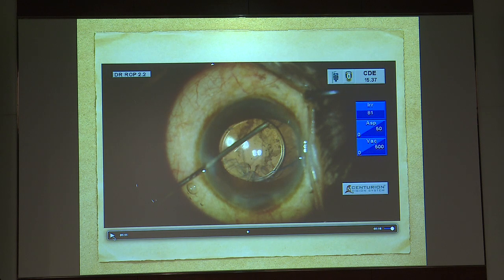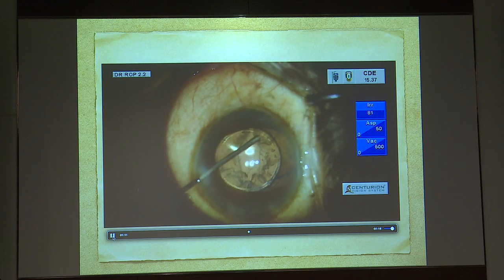Here we have noted that the anterior hyaloid phase is intact when half of the heminucleus was still there in the eye and the PCR was noted. When we did the phacoemulsification with the scaffold in place, the vitreous phase was not disturbed.